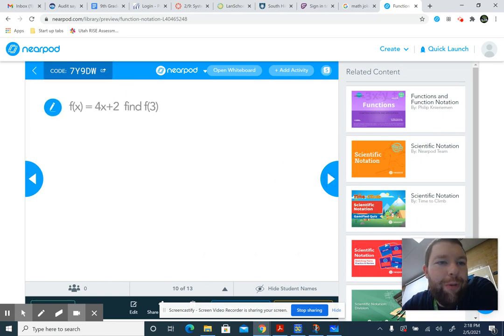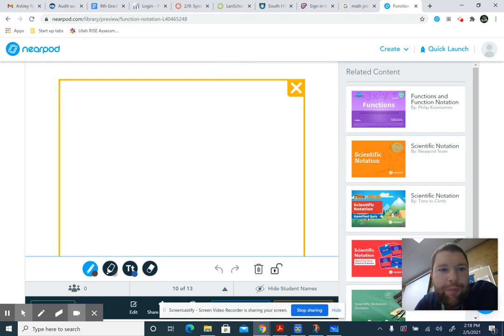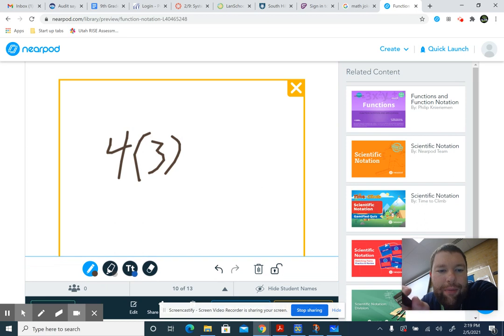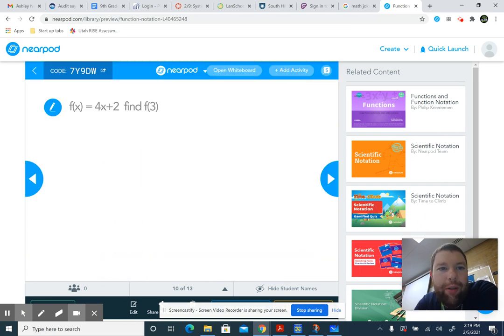Okay. So for example, we're going to do a little draw here. If I want to find f of 3, I'm going to replace the x with 3, right? Because f of 3, I'd replace my input with 3. So I would have 4 times 3, and then I don't remember, it was plus 2.